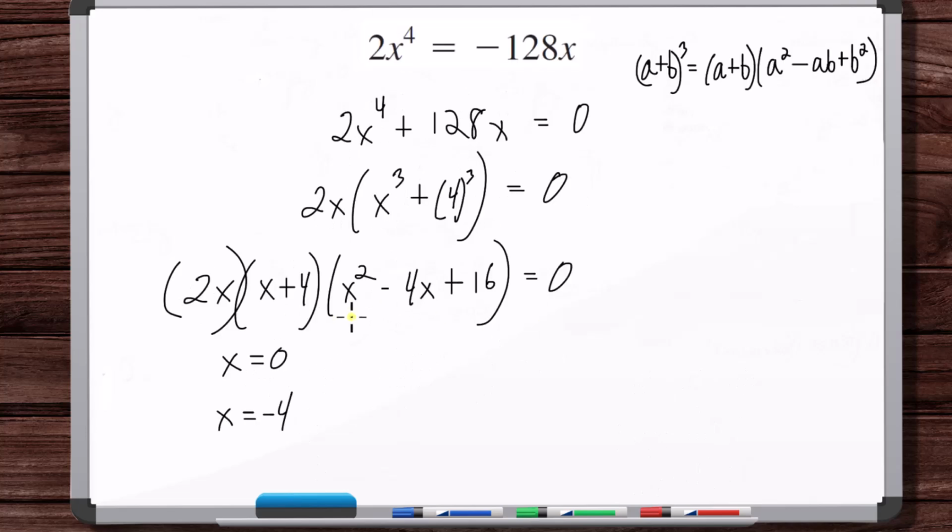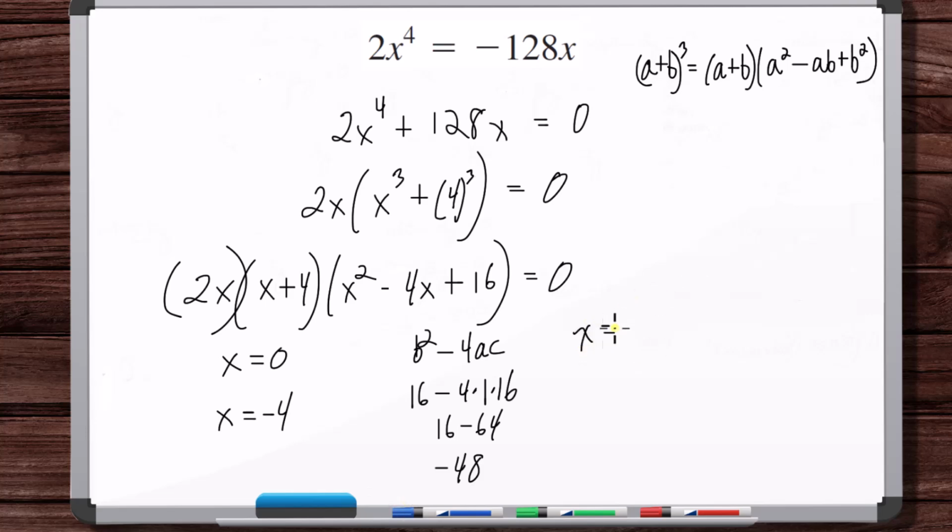Now we're going to have 2 more imaginary solutions, because if we look at the discriminant, b squared minus 4ac, if we're using the quadratic formula, then we have 16 minus 4 times 1 times 16. 16 times 4 is 64. 16 minus 64 is minus 48. The discriminant is negative. That means we're going to have imaginary solutions.